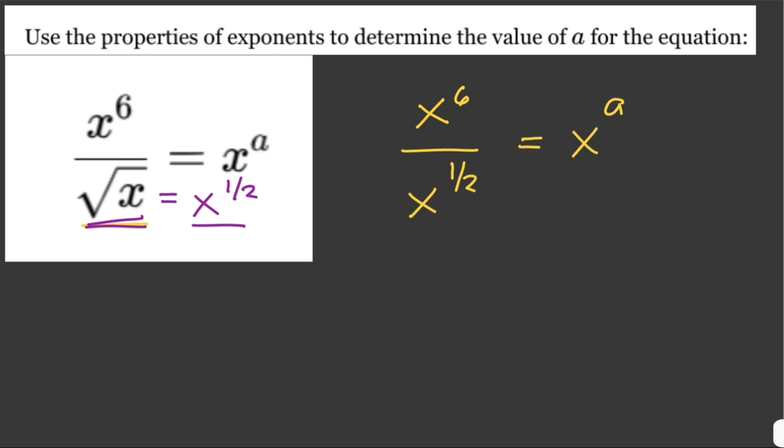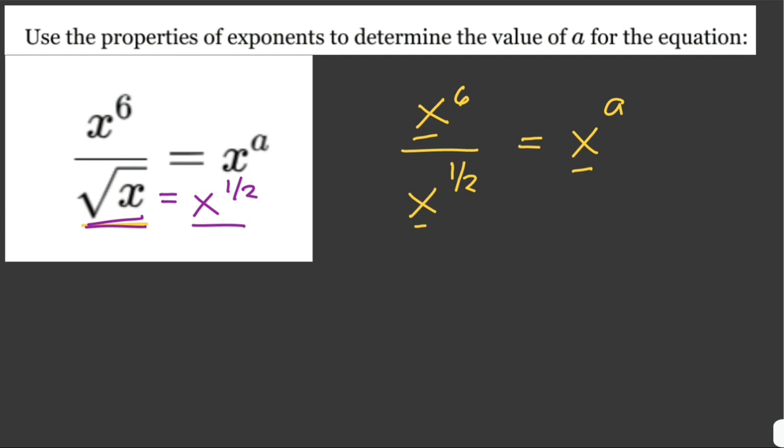Now notice here that the bases of all of the expressions are x, which means the bases are all the same, so we can apply the properties, or rules, or laws of exponents. Since this one is a division, we can apply the quotient rule.